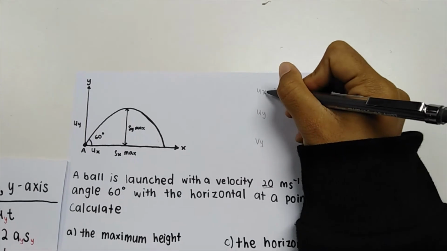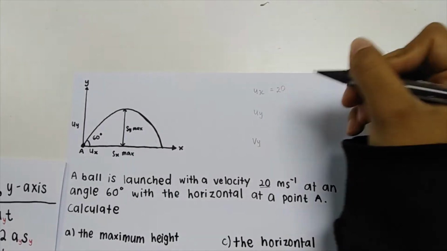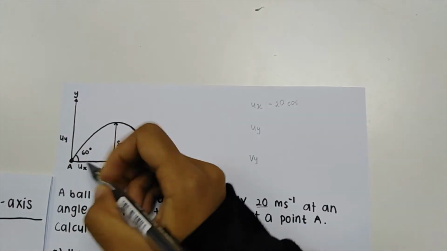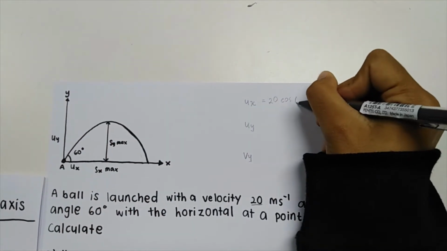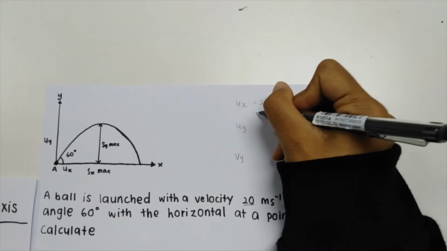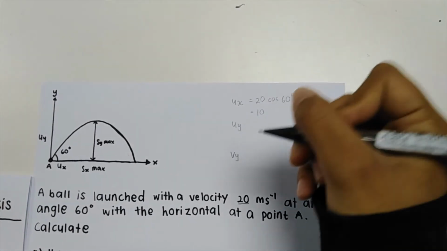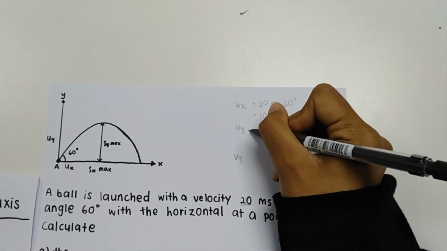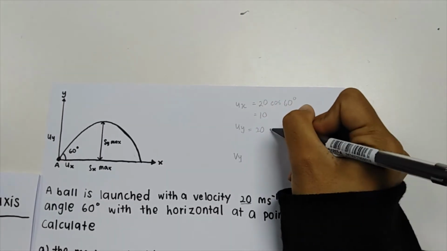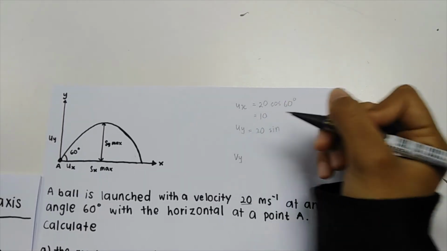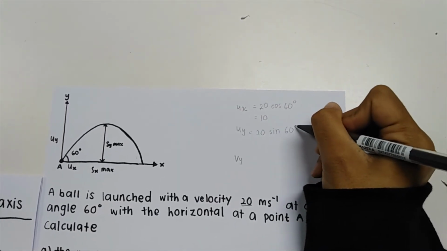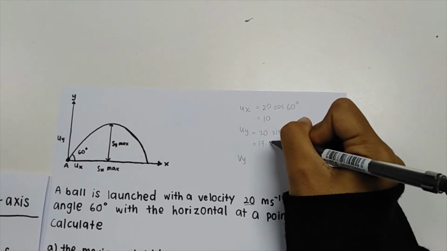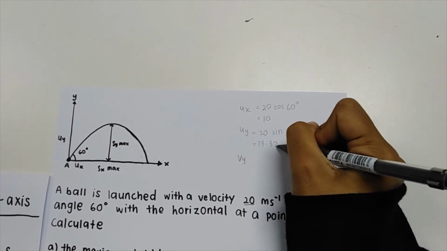We want to find the x component, so it is cos of 60 degrees, which equals 10. The same thing for Uy: we use sin, so 20 sin 60 equals 17.32.